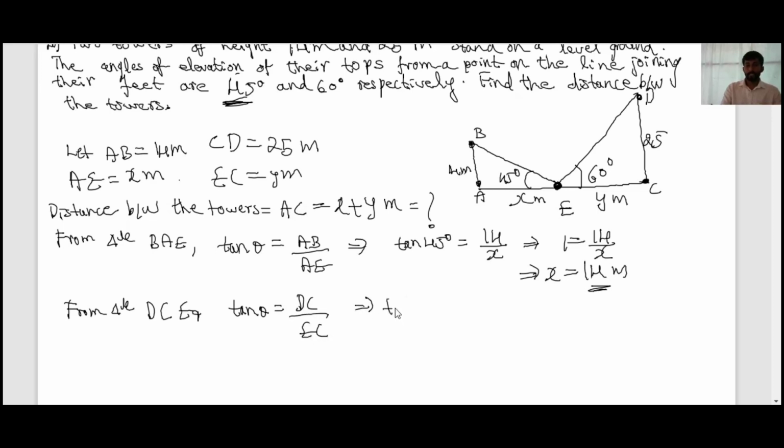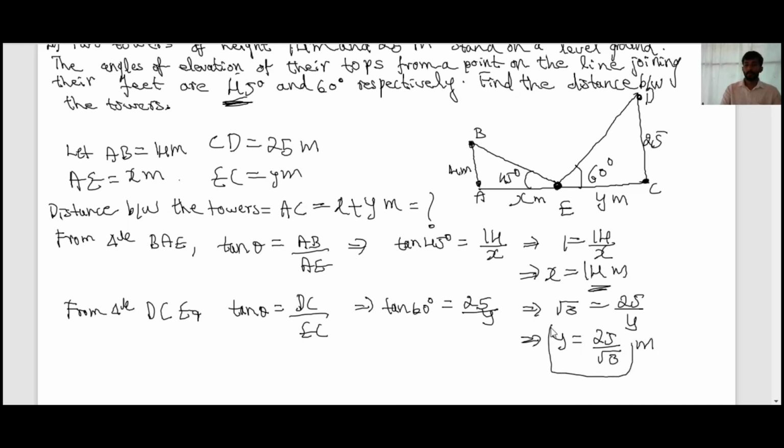This implies tan 60 degree is equal to what is DC? DC is equal to 25 meter divided by EC is equal to y. Okay, this implies tan 60 is equal to root 3 is equal to 25 divided by y. Cross multiply, y is equal to 25 divided by root 3 meter.